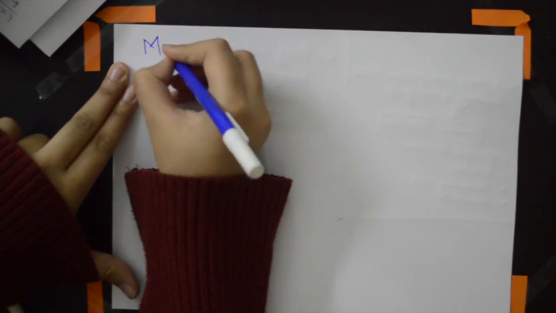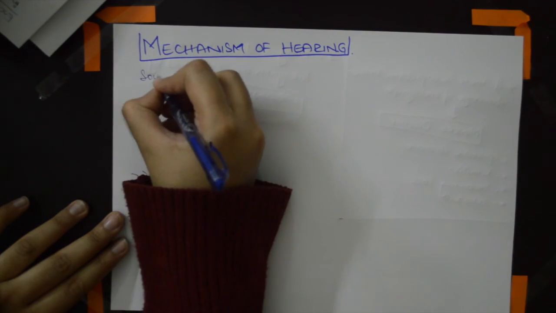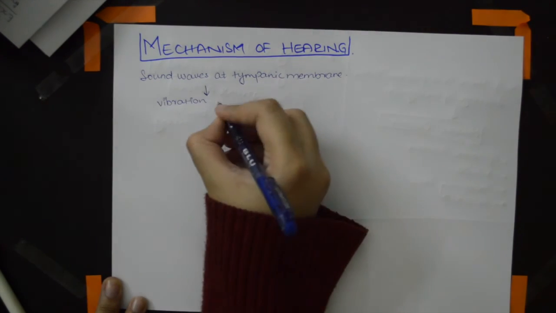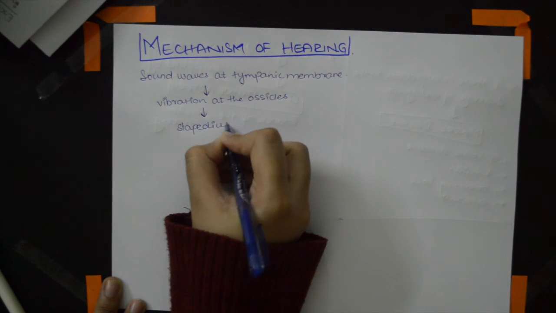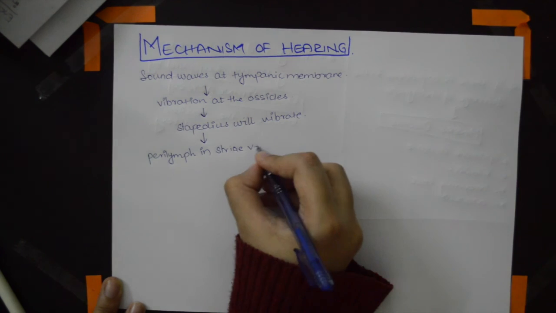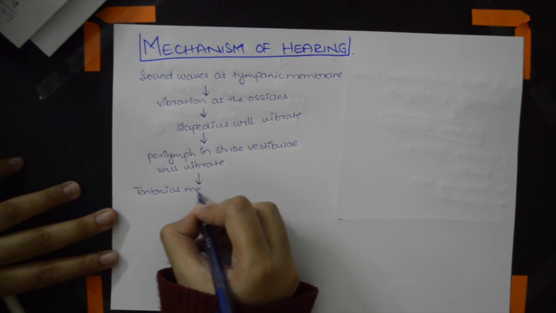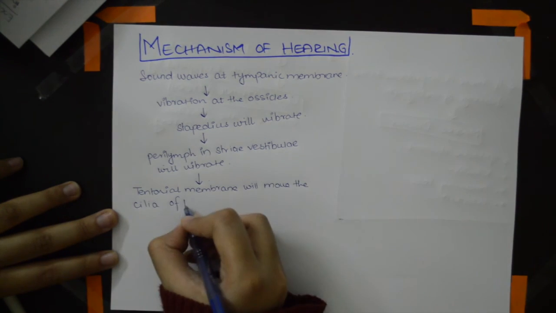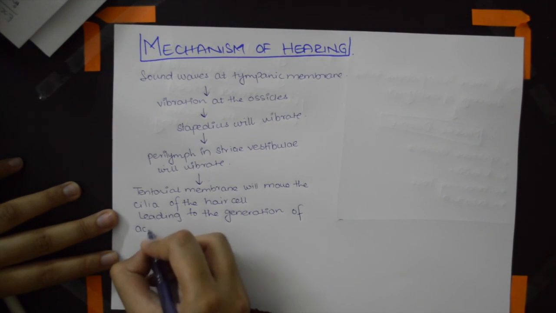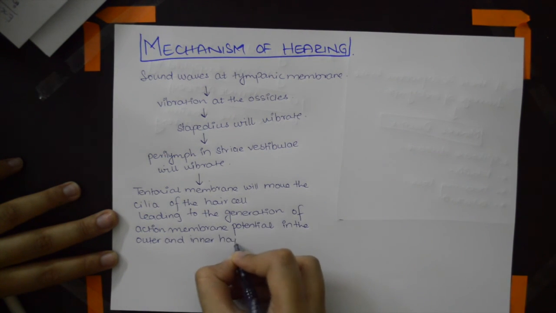Let's do the last part of the ear, that is the mechanism of hearing. First, we have the sound waves at the tympanic membrane. Then there is vibration of the ossicles. The stapes will vibrate. Perilymph in the scala vestibuli will vibrate. The tectorial membrane will move the cilia of the hair cells, leading to the generation of action potentials in the outer and inner hair cells.